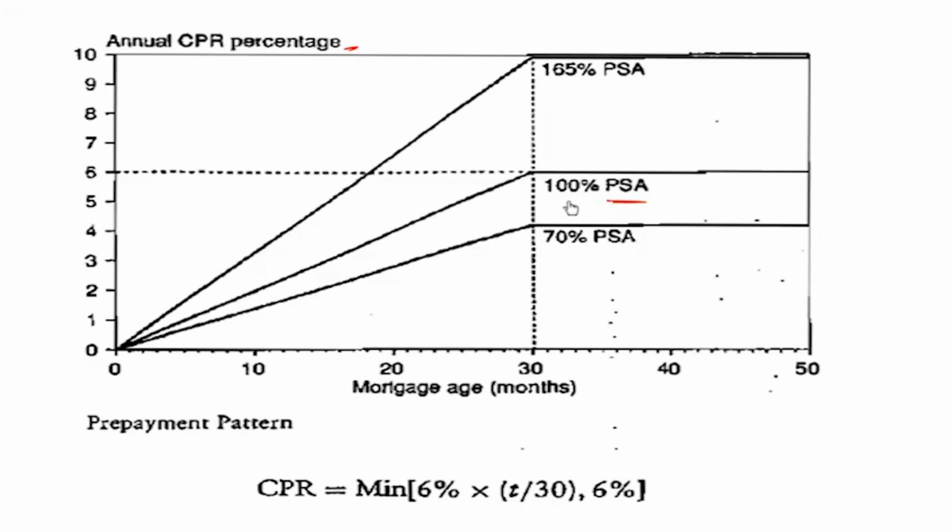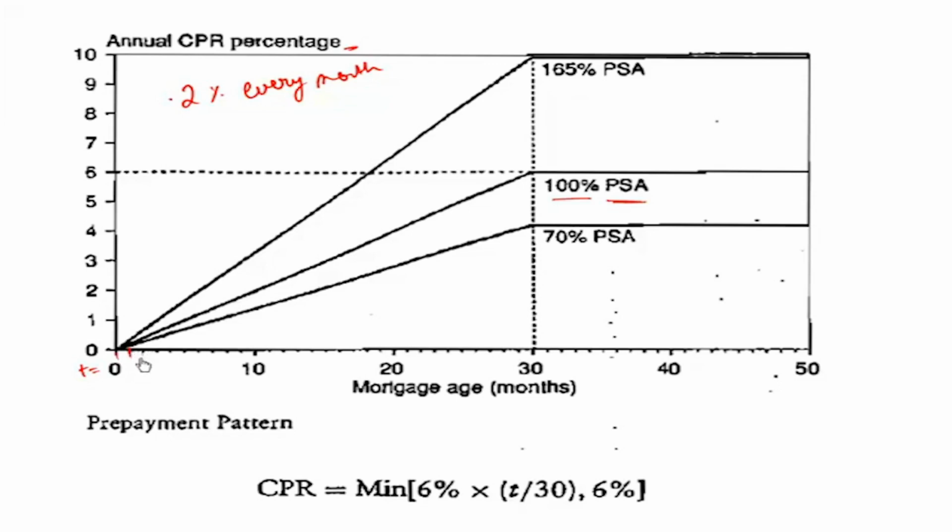What they have on average seen, what is referred to as 100% PSA, is defined as a conditional prepayment rate that increases by 0.2% every month. At t equal to 0, that is when the mortgage has just been issued, obviously not much prepayment happens.